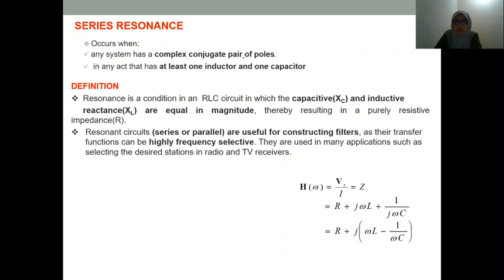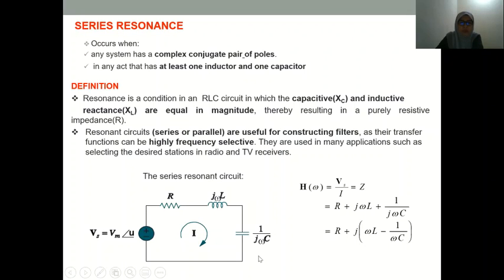Their transfer function at this time can be highly frequency selective, and they are also used in many applications, such as selecting the desired stations in a radio or TV receiver.